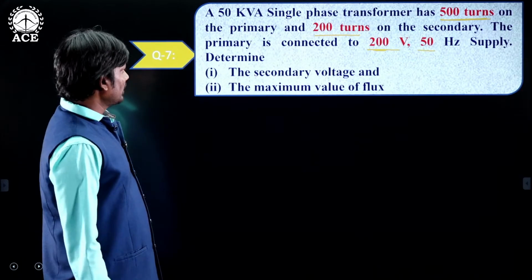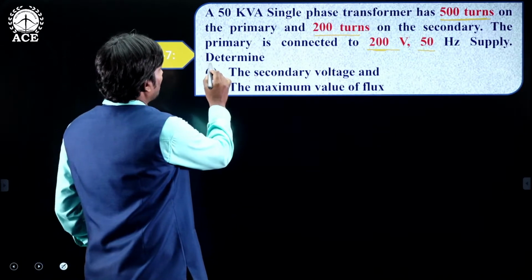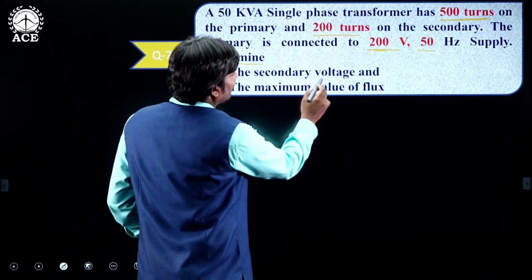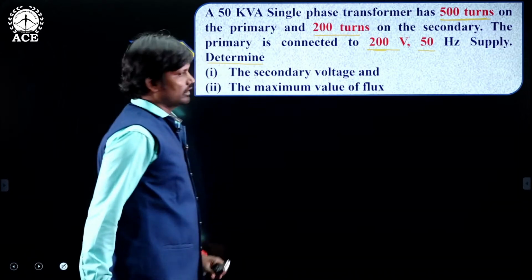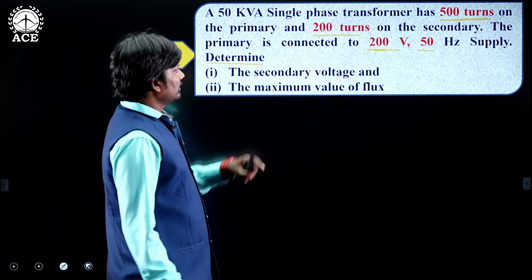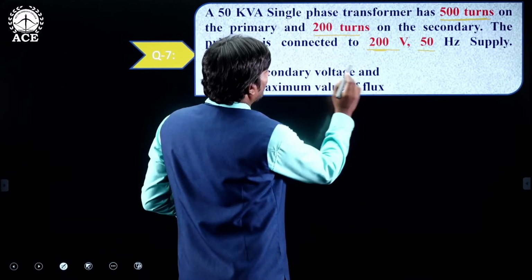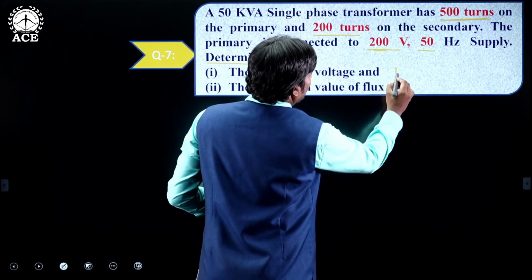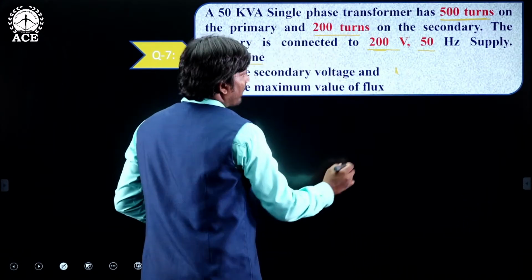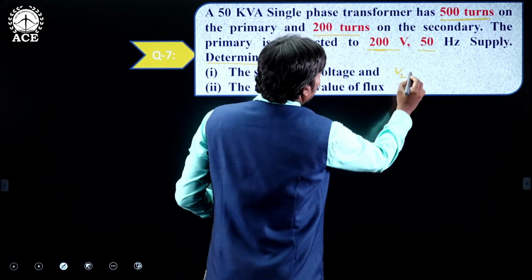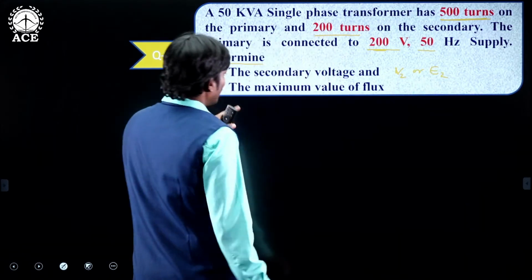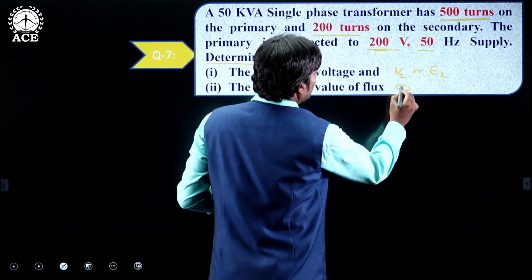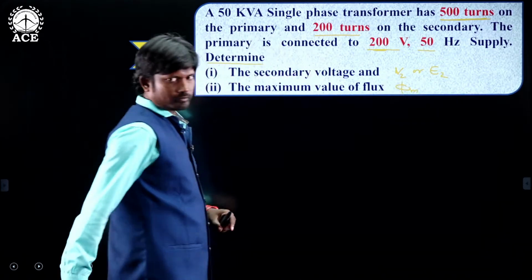Determine the secondary voltage and the maximum value of flux. Secondary voltage is nothing but E2 or V2, and maximum flux is phi m.